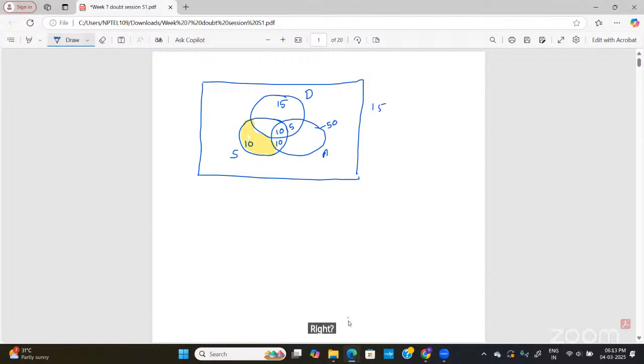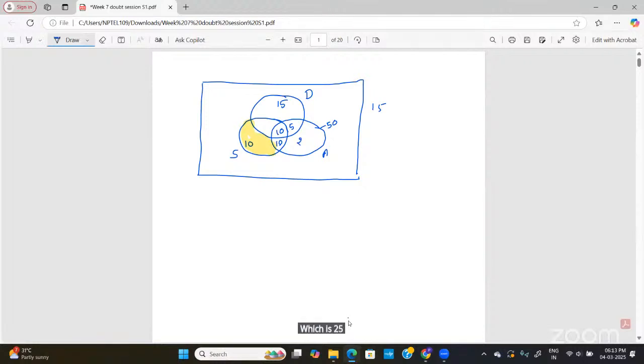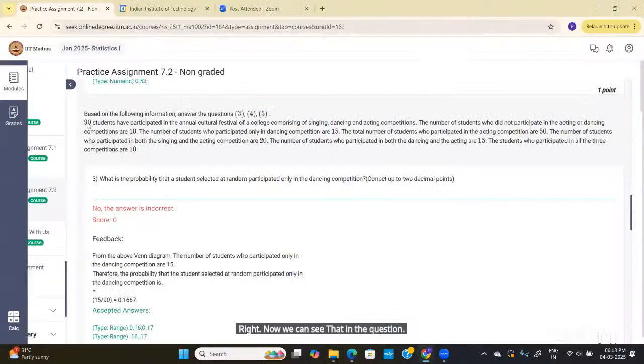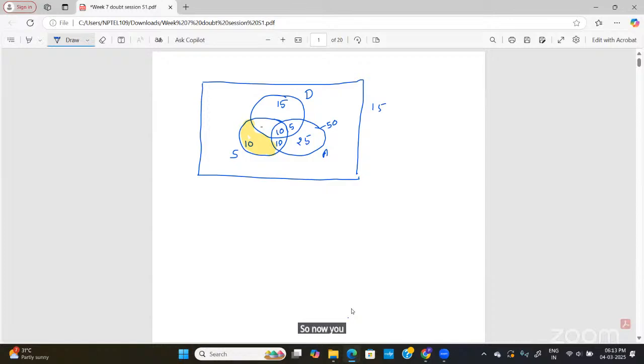Now for acting, the total number of students is 50. 10 plus 10 plus 5 we already have, which is 25, so the remaining 25 will be in this region. Now, in the question it is given that 90 students have participated, so the total is 90. Except for this place, we have filled all the other places.